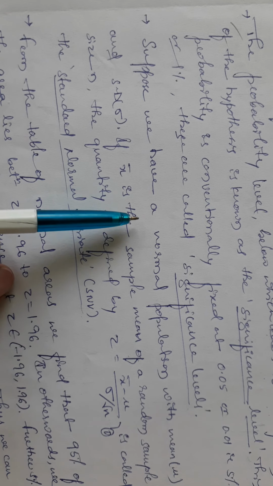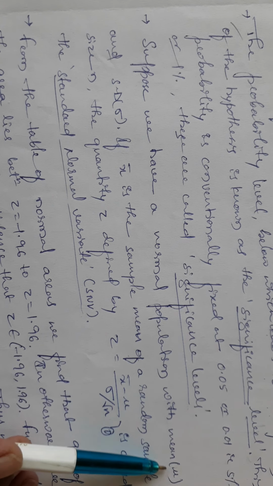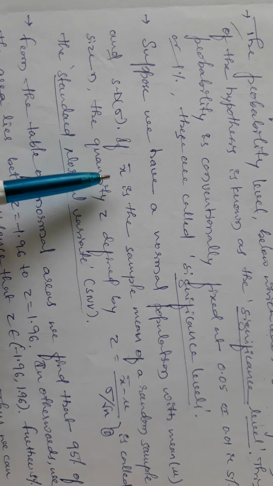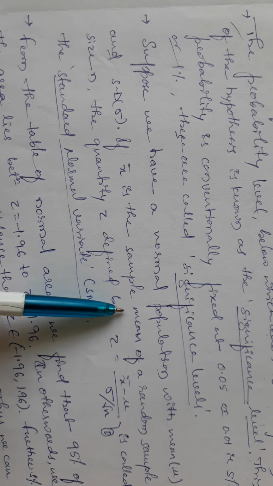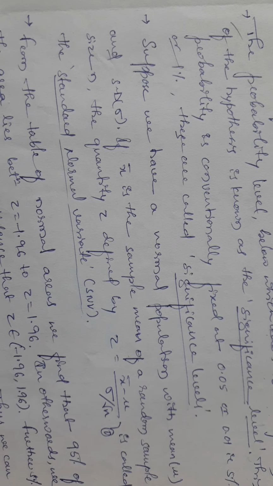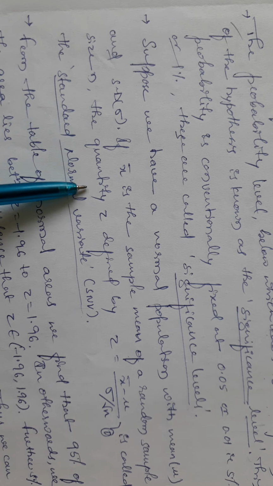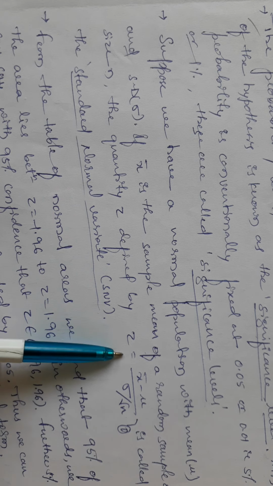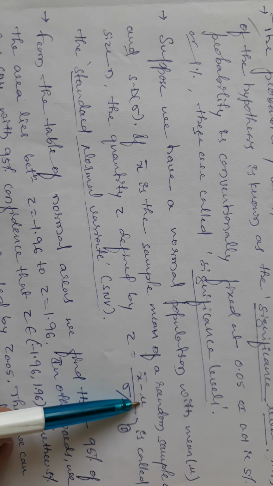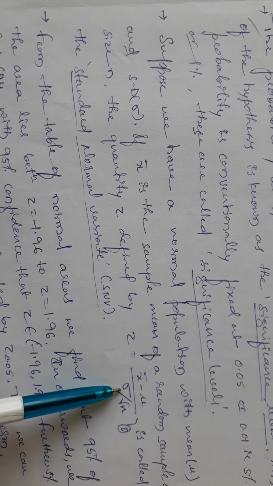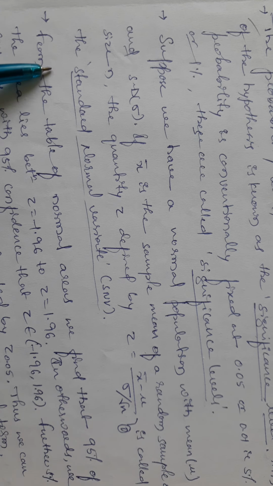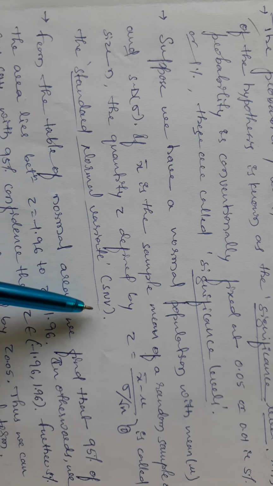Suppose we have a normal population with a mean mu and standard deviation sigma. If x bar is the sample mean of a random sample of size n, then the quantity z, defined by z equals x bar minus mu divided by sigma divided by square root of n, is called the standard normal variate.